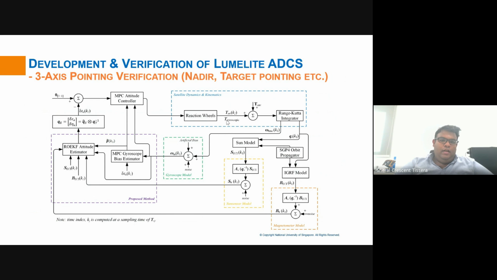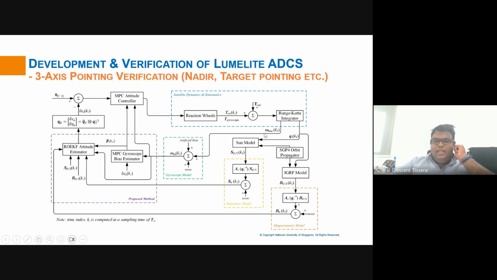Next, for the verification of three-axis pointing, we have developed a full suite of algorithms in MATLAB, where the satellite is being replaced by a Runge-Kutta integrator to simulate the dynamics and the kinematics of the satellite. So once the reaction wheel produces a torque, the integrator will simulate the resulting quaternion or the attitude of the satellite, as well as the body rate of the satellite.